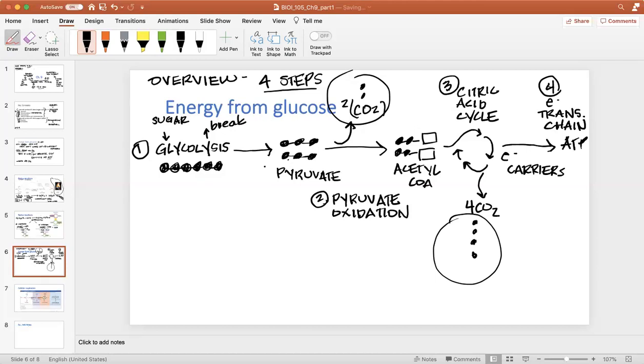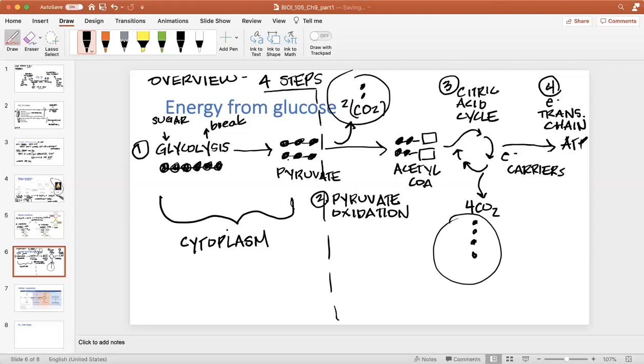Now we're gonna go into detail as to how each of these things happens, but I wanted you to kind of see what the process looks like from a very bird's eye perspective, okay? Now, a couple things that I wanna point out for you. I'm just gonna draw a line here. This part of the process here is actually happening in the cytoplasm, okay?